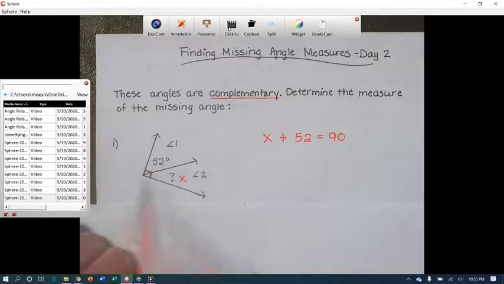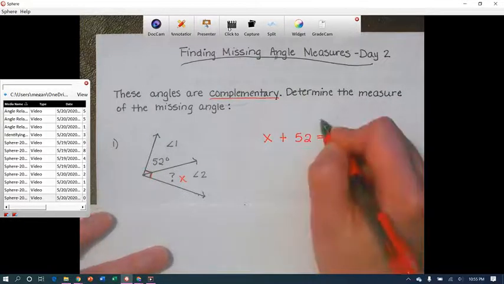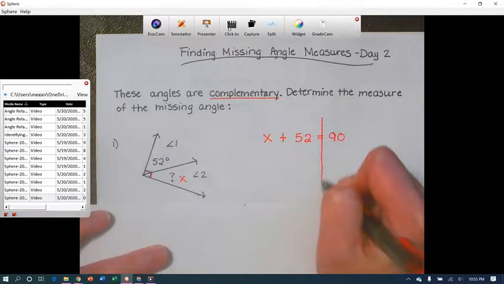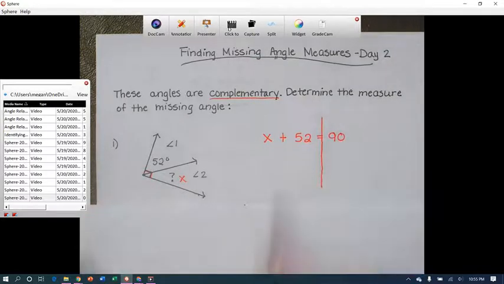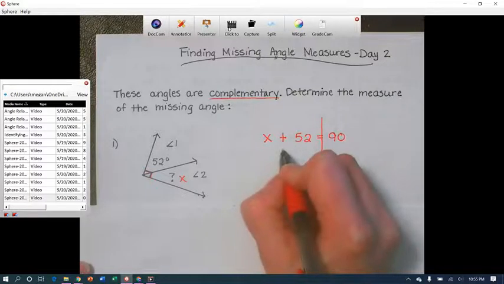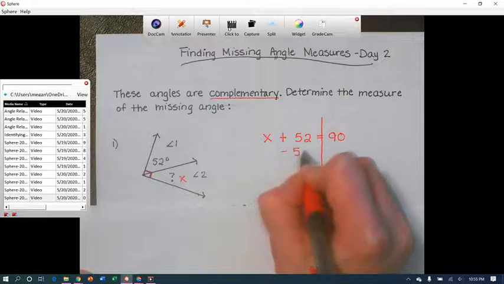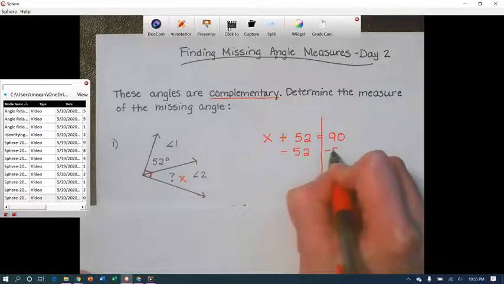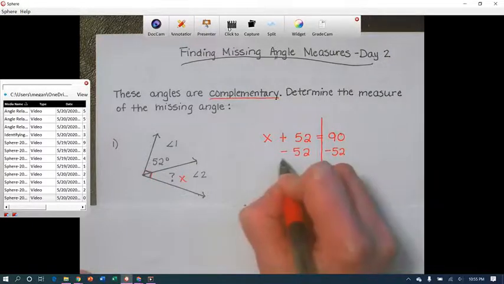So going back to solving equations, which we did right before school was let out, I'm going to use inverse operations. So I have my unknown value, and I'm adding 52 to it. So what is the inverse of adding 52? I'm going to subtract 52 from both sides of that equation.